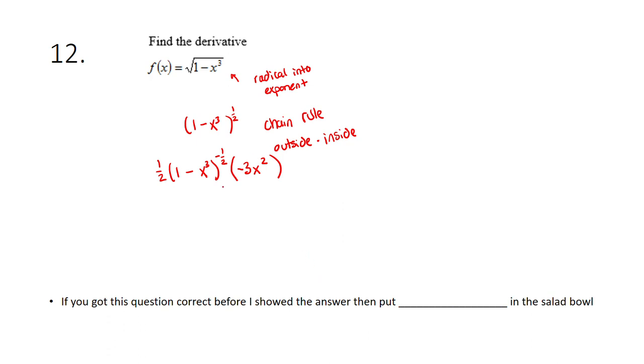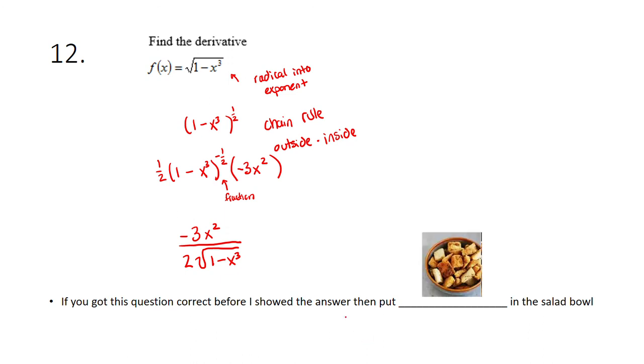Okay, remember that this negative 1/2 means it's a fraction. So if I put all this together, the negative 3x squared would be in the numerator. The 2 is in the denominator, and this 1/2 means it's a radical, like this. If you got that right, I forgot to give croutons to Brandon, so give Brandon some croutons.